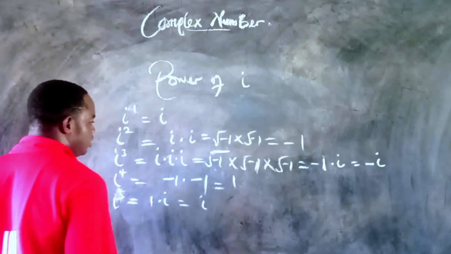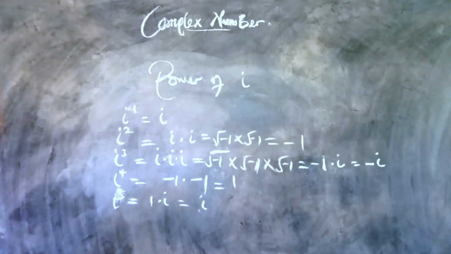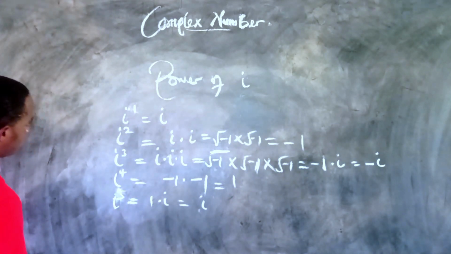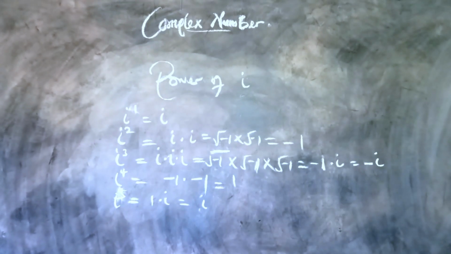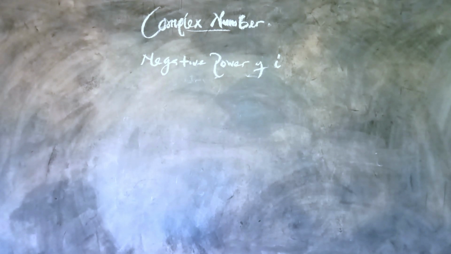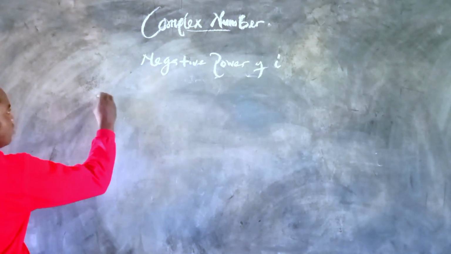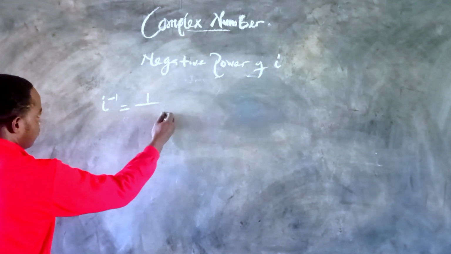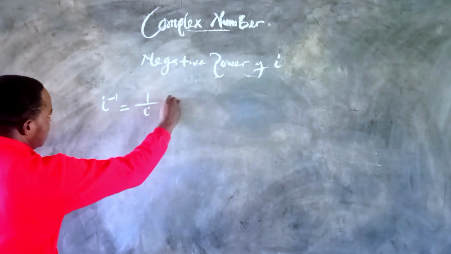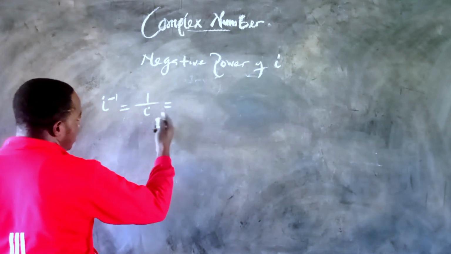And i raised to power 4 is 1, multiplied by i. That is going to be i. And this is the power of i. We can kind of memorize it. i raised to power 1 is i, i raised to power 2 is -1, i raised to power 3 is -i, i raised to power 4 is 1.